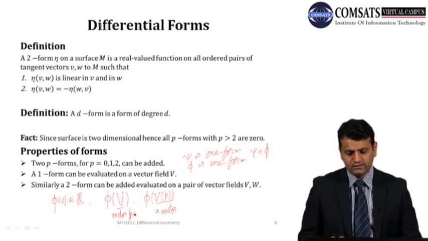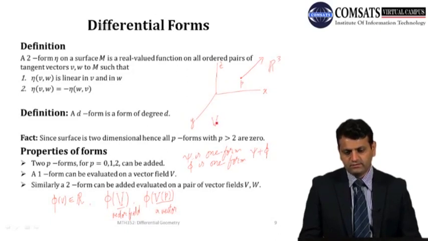Vector field क्या होता है जी? A vector field is a function that assigns a vector to each and every point of R3. So R3 का कोई सा भी पॉइंट ले लें, let's say ये मैंने एक पॉइंट लिया, there will be a vector so assigned by this vector field V. So V of P is equal to V_P.